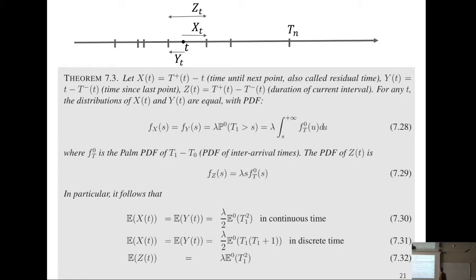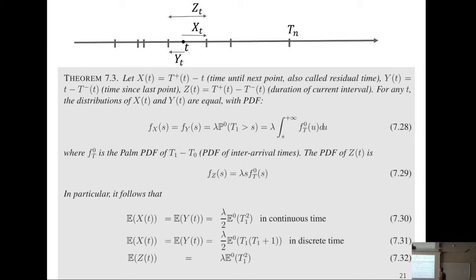Y of t is the same if we look back in the past, the time elapsed since the last event. And z of t, the sum of the two, is the duration of the current interval. Of course, I don't know x of t at time t. If I'm doing the simulation at time t, I don't know x of t. I will know it a bit later. Same thing for z of t. Y of t, I know at time t.